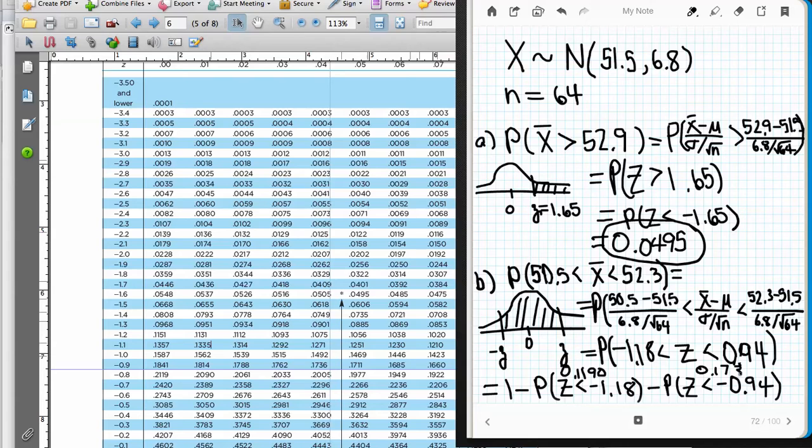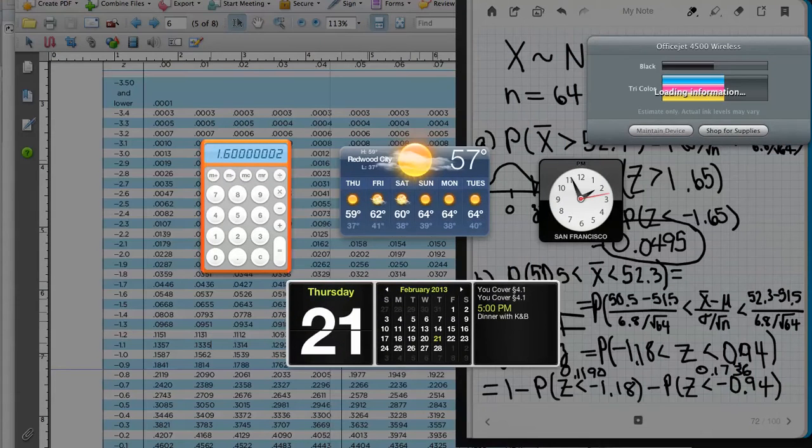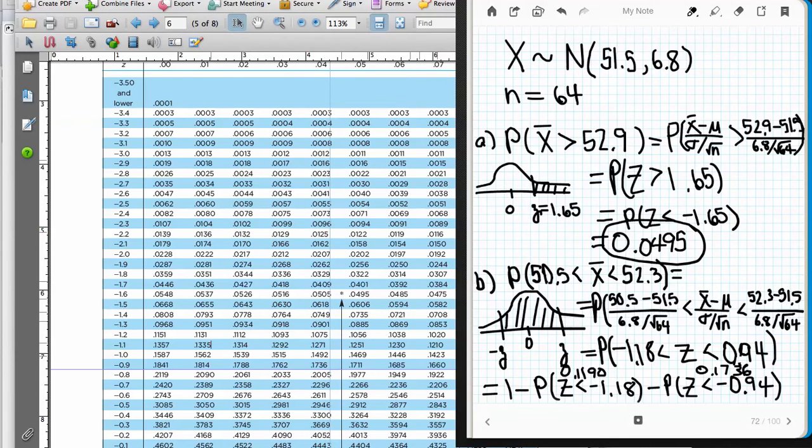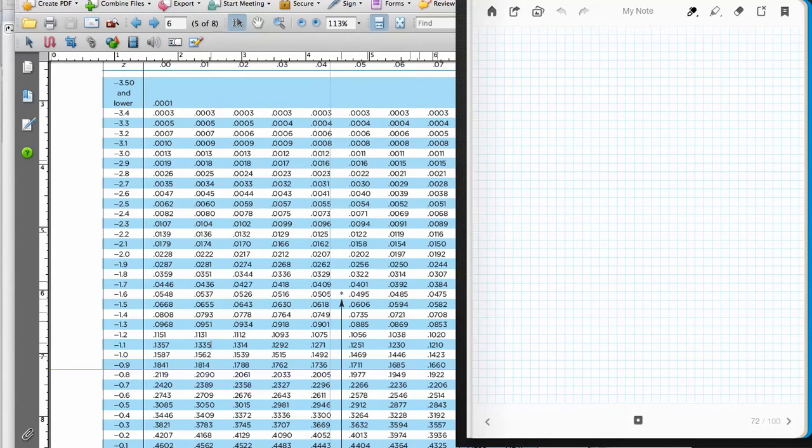Then I can go to my calculator and do this probability. I have 1, and then I'm going to subtract 0.119, and then subtract 0.1736, and I will get 0.7074. So my probability is 0.7074, and that would be for my second one.